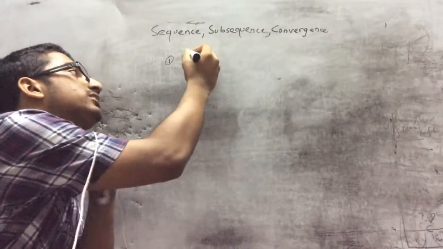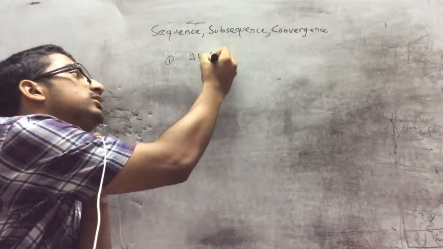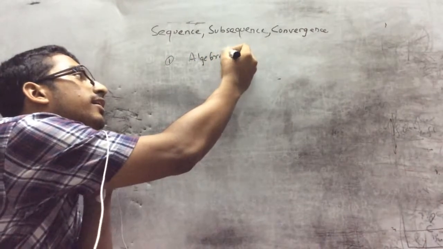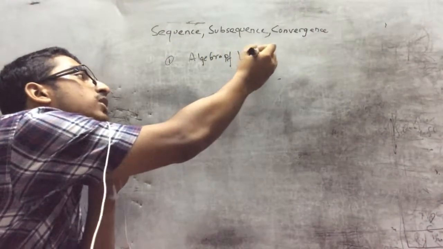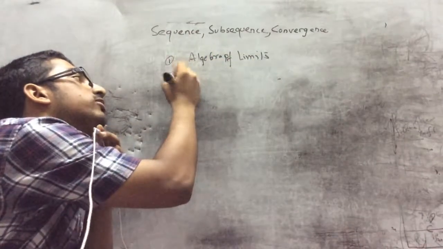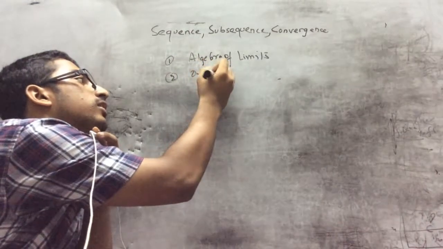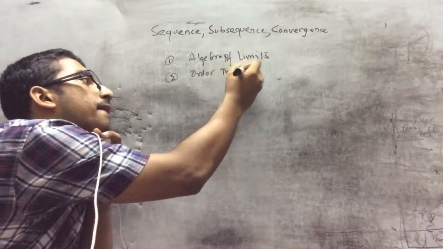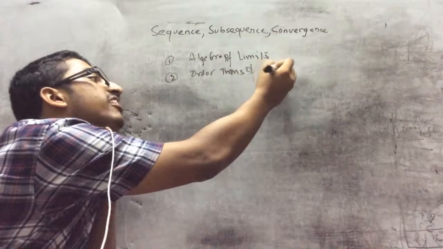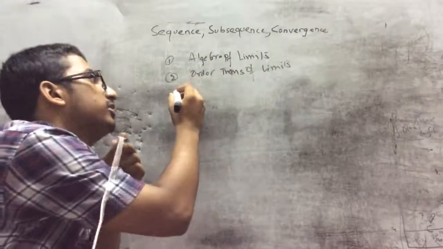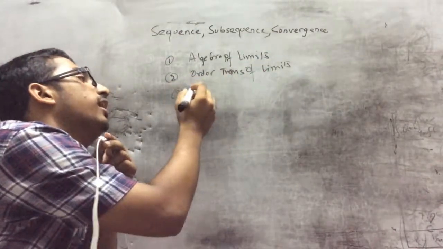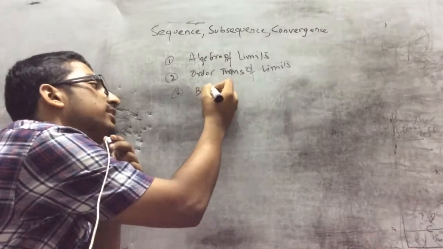We have some interesting things: algebra of limits, order of limits, which we stated earlier in the previous slide, along with some basic results.